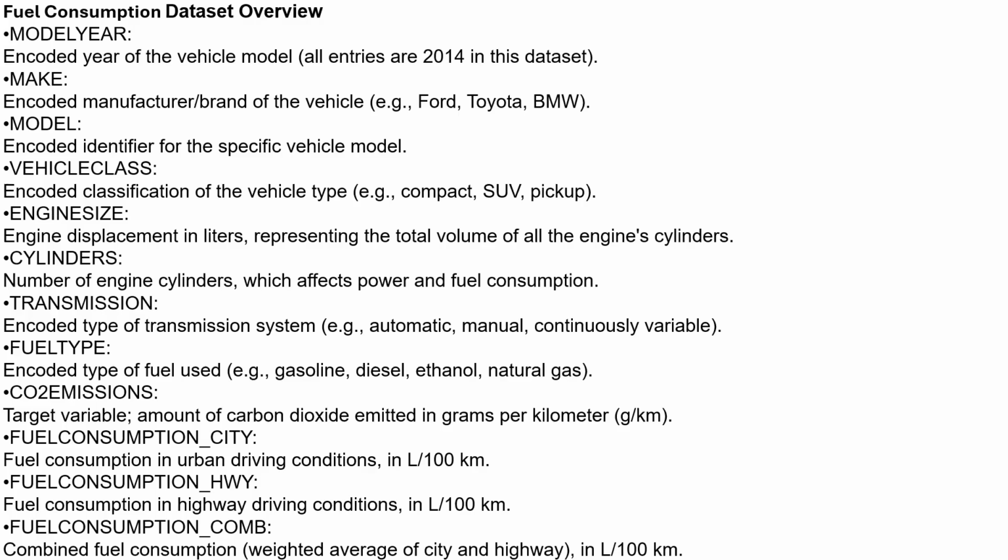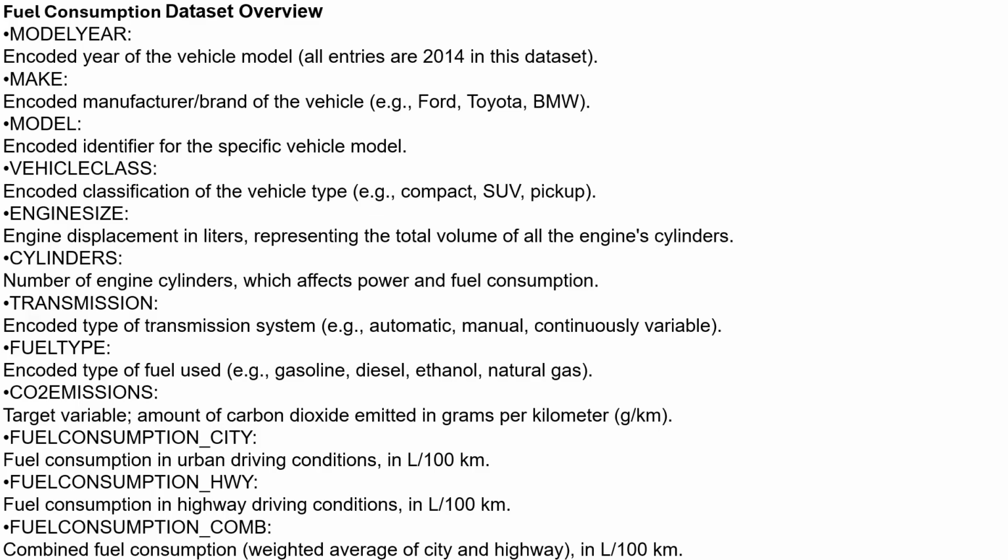The dataset used in this project is based on Canadian vehicle data and has been pre-processed for regression modeling. It includes several key attributes: model year, make, model ID, and vehicle class, all of which have been numerically encoded.